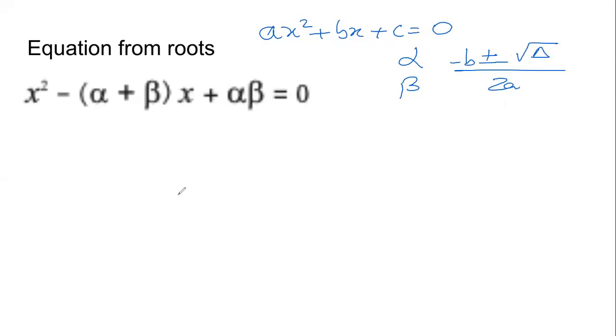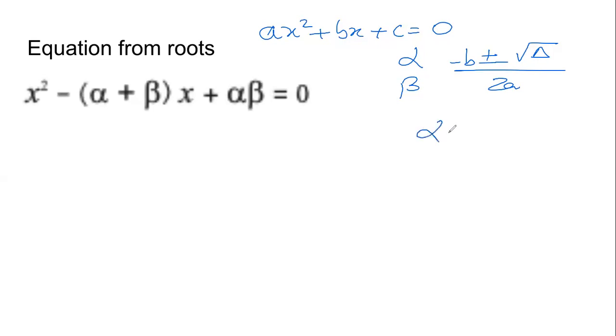What we are saying now is, if we know the roots of the equation, if we know the solutions of the equation, then the equation will be x squared minus alpha plus beta multiplied by x plus alpha into beta equals 0. A very simple example to understand this.